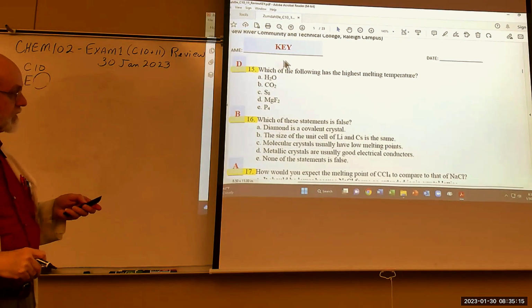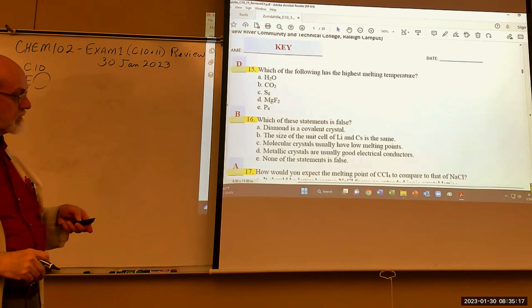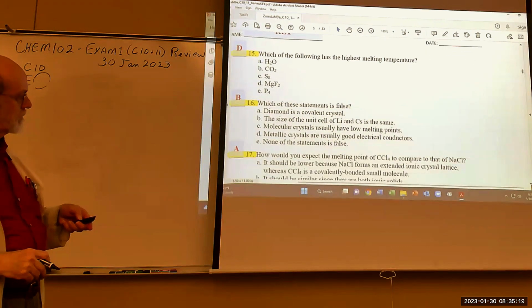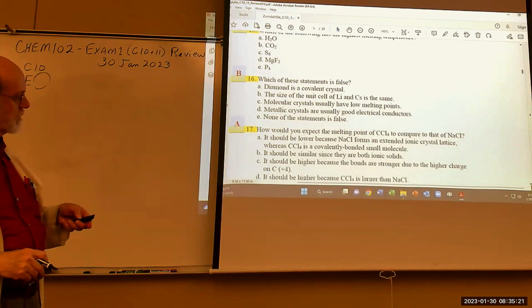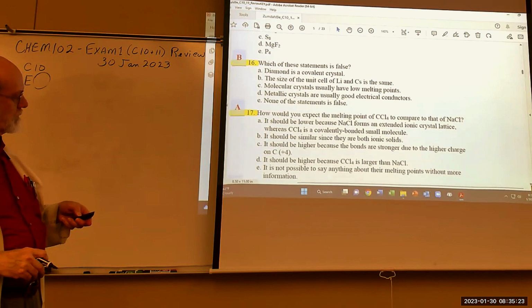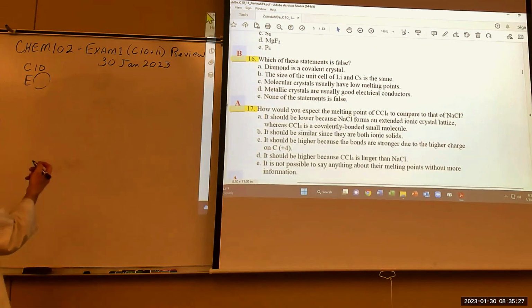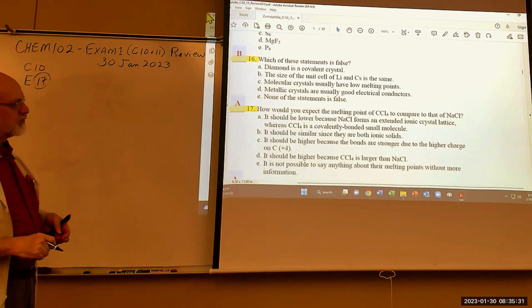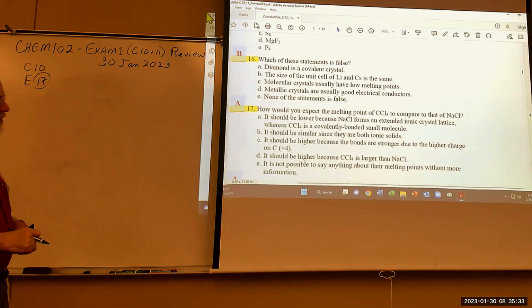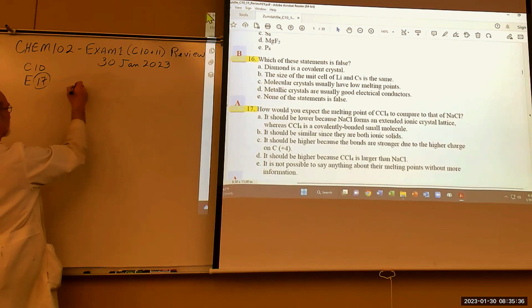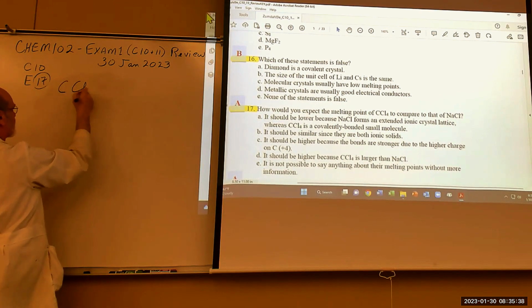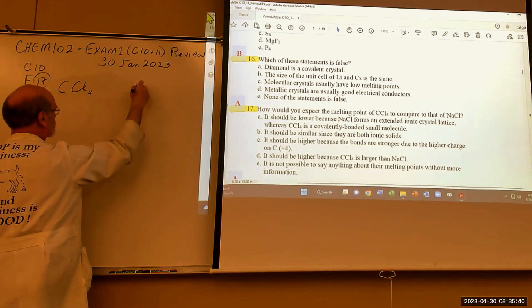17. Let's see, I need to go around here and scroll a little bit. How would you expect the melting point of carbon tetrachloride to compare to sodium chloride? Carbon tetrachloride versus sodium chloride.